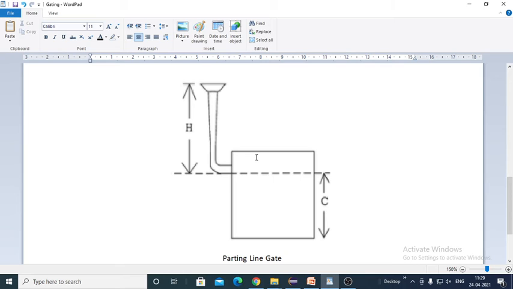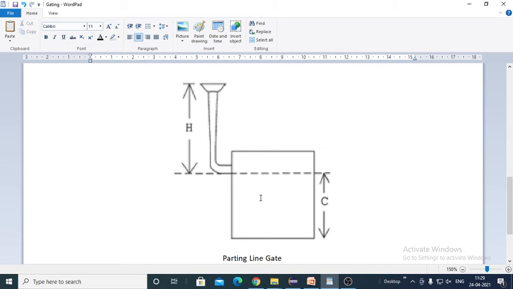That means if the drag portion is deep, then this gating system suffers mold erosion and air entrapment can occur in the parting line gate. So this is what we have seen, the different types or different elements of gates.